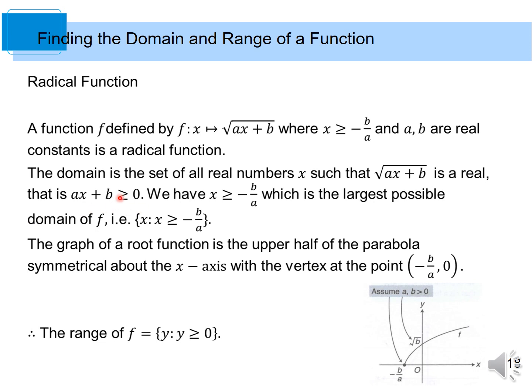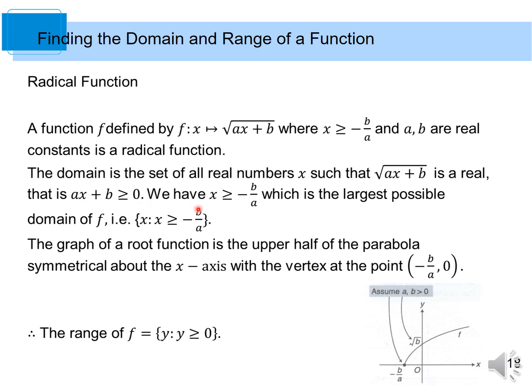This is because the value inside the radical must be 0 or positive. For example, √0 is 0 and √1 is 1, which are defined. If ax + b is negative, for example √(−1), it is undefined. So that is why ax + b must be greater than or equal to 0.